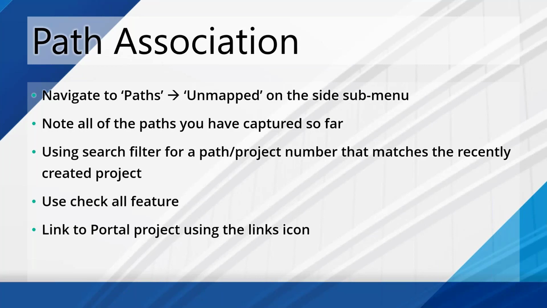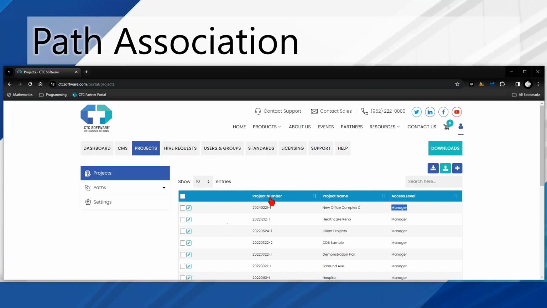So I'm going to be associating not to the project that I just made, because I have a project that I've already got and I have some new paths that I know that I want to associate. But regardless, whether it's a new project or an existing project that you've created in the portal, this association is the same. So I'm going to show you the project that I've already got that I want to continue to work with here.